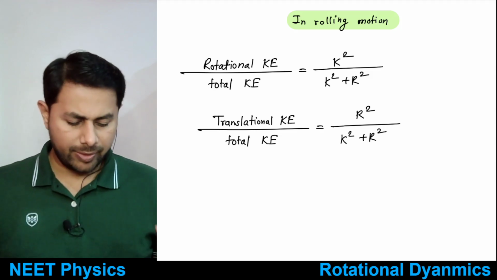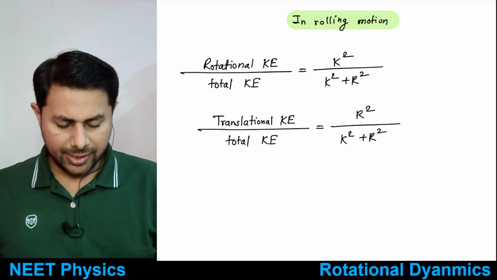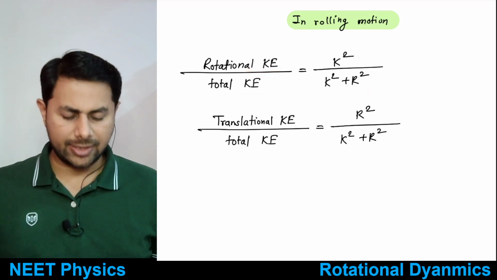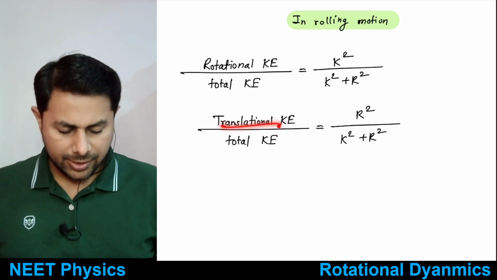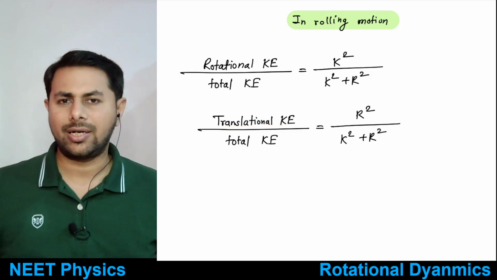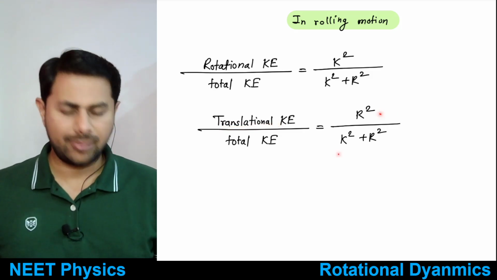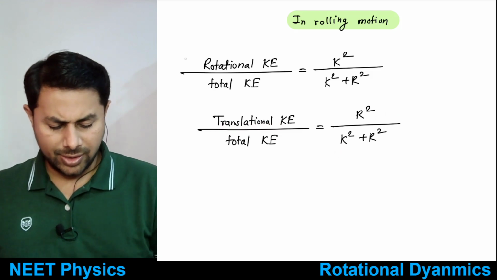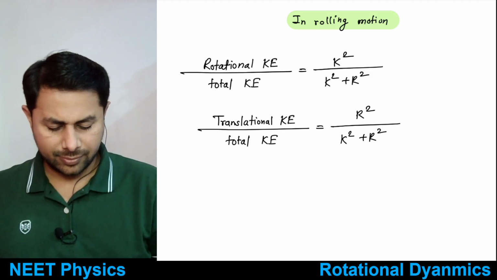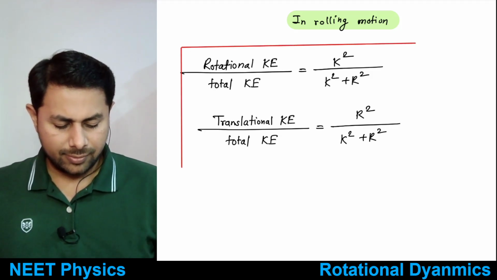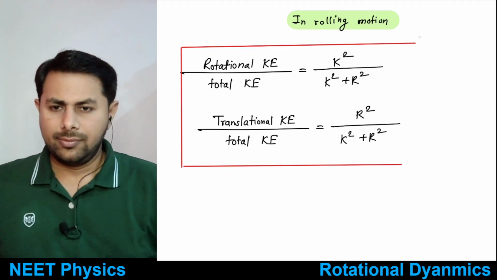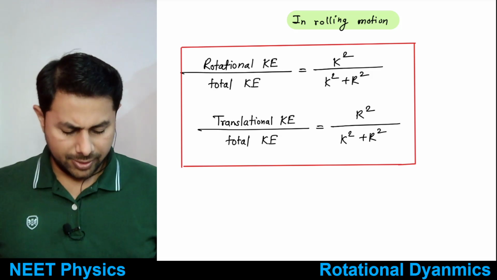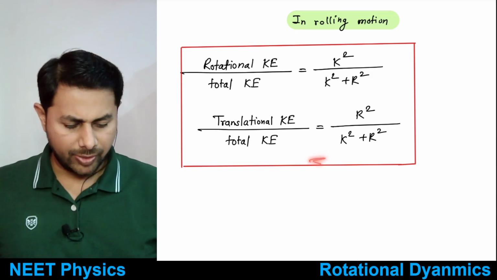So just remember this formula. Rotational KE by total kinetic energy is k square divided by k square plus r square, and translational kinetic energy divided by total kinetic energy is r square divided by k square plus r square. Okay, so this thing is clear. Right, good. So remember this formula.